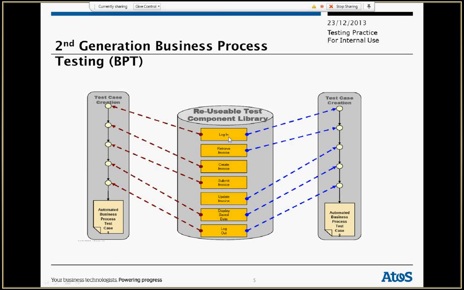If you can see here, all our components are placed in this repository, and to prepare the first test case, we just call whatever components we require to fulfill it. And for the second test case, we just call the components required for that test case. If we have hundreds of components, multiple test cases can be ready, which will cover end-to-end functionality. So this is the approach or process which we follow in business process testing.